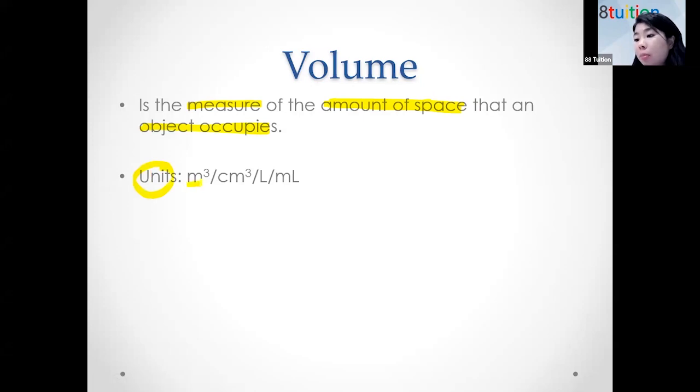You should know this. Meter cube, cm cube, liters or milliliters. If we were to talk about your water bottle that you bring to school, a normal water bottle is usually about 250 ml. So that is volume. How much space the water occupies. Are we clear? Are we good?